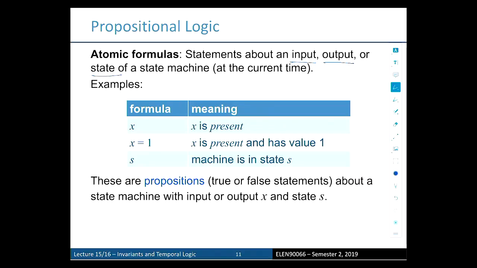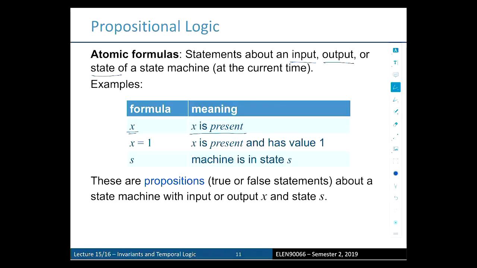For example, if the formula is just x, it means x is present. If we are testing for the presence of an output, that's the formula we're testing for. That makes sense for what type of signals?